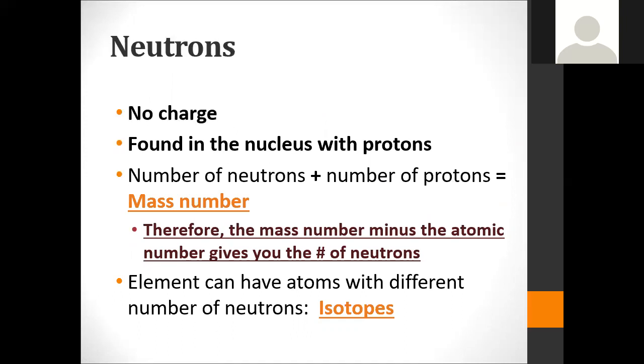You would just take the larger number and subtract that smaller number, and you're left with the neutron count. So a 14 mass number is everything, protons and neutrons. If I tell you 10 is the atomic number, which is the protons, then you're just left with 4. So that must be the neutron count.